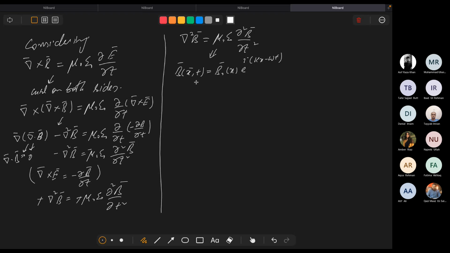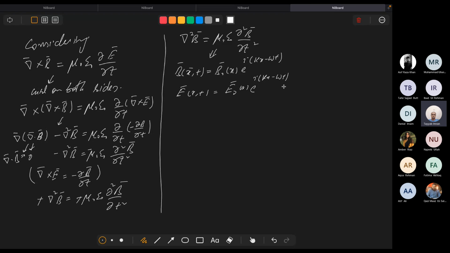And if we have a similar kind of equation for the electric field, then the solution will be like this.